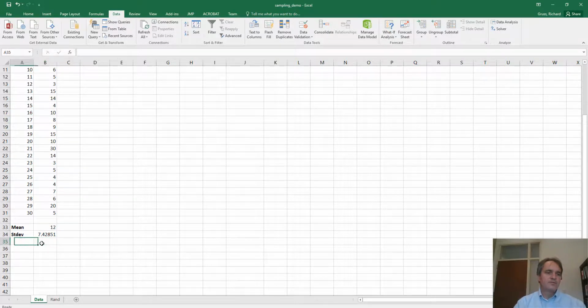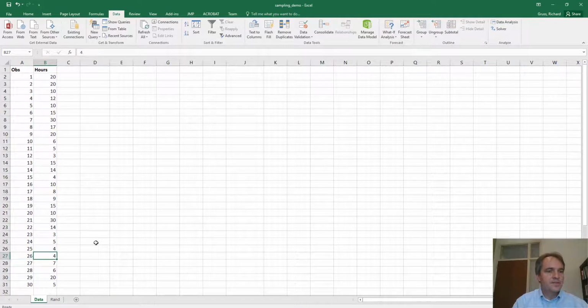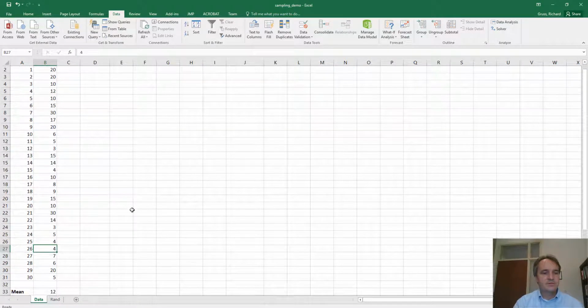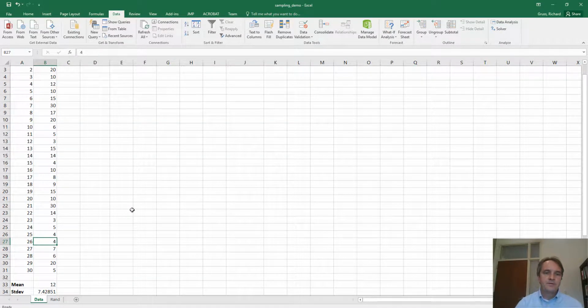That is a fairly large standard deviation, from the fact that we have so many really small values in addition to so many really large ones. I want to treat this as a population, as if this is the reality of the population, and see what happens when we take samples and look at the sampling distribution of the mean.